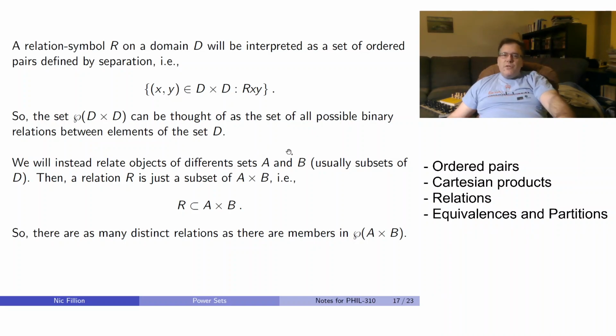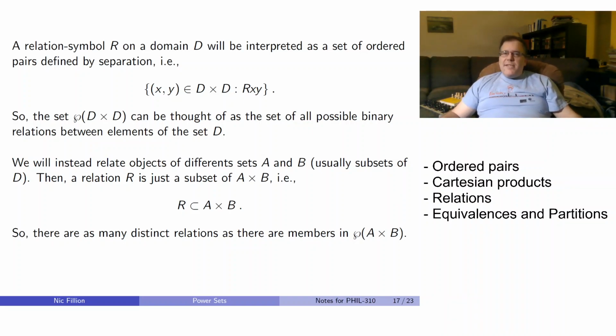But if we want to define in general a relation between things in the set A and things in the set B, we're going to see that the relation is just a subset of the Cartesian product A cross B. That is to say, it is just some of those ordered pairs whose first member is in A and second member is in B. And there's going to be as many distinct relations as there are elements in the power set of the Cartesian product A cross B. So hopefully that makes some sense.